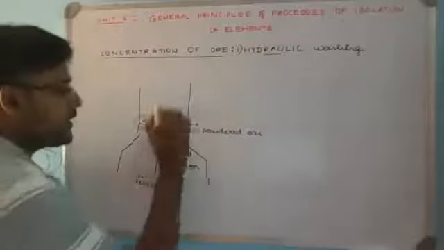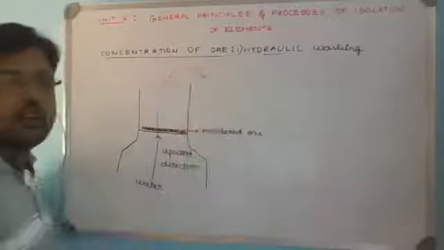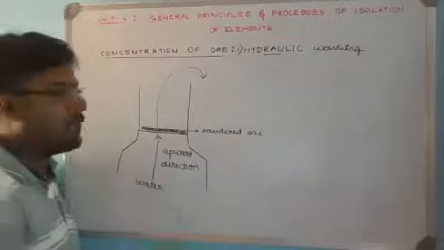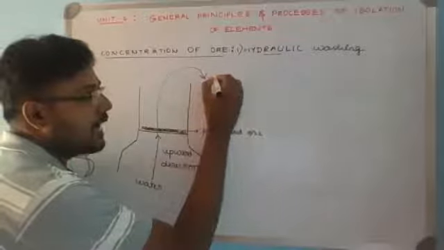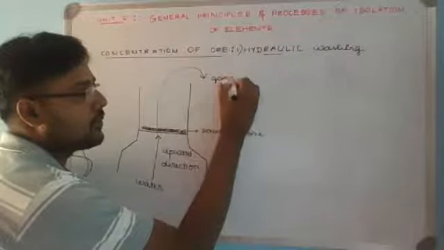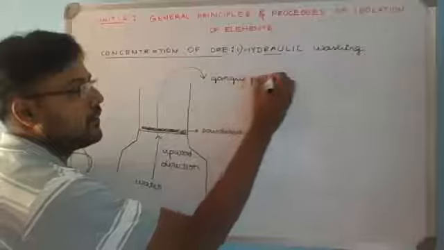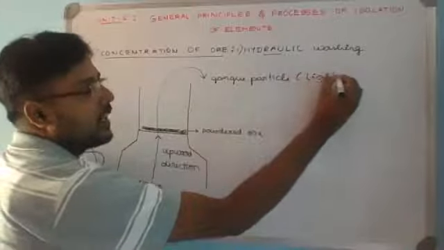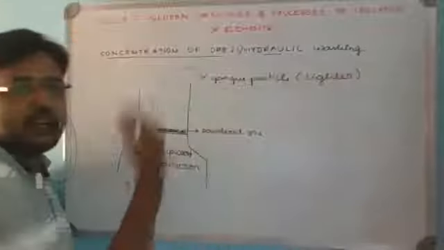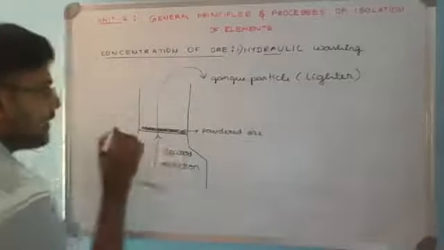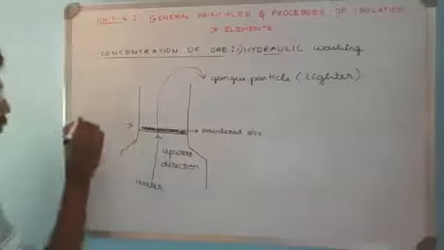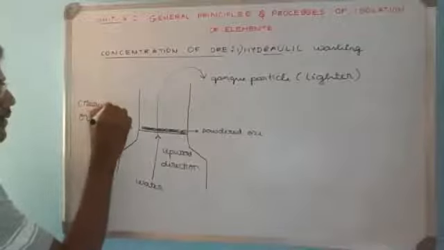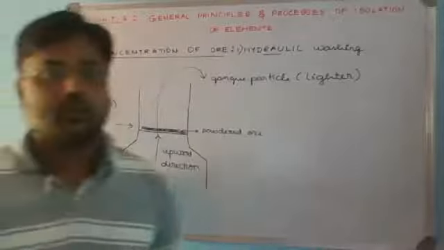During its movement, when the current stream of water is flowing, it will try to carry the gangue particles. Being lighter, they are carried by the current stream of water flowing in the upward direction. Whereas the ore particles, being heavier, remain there.